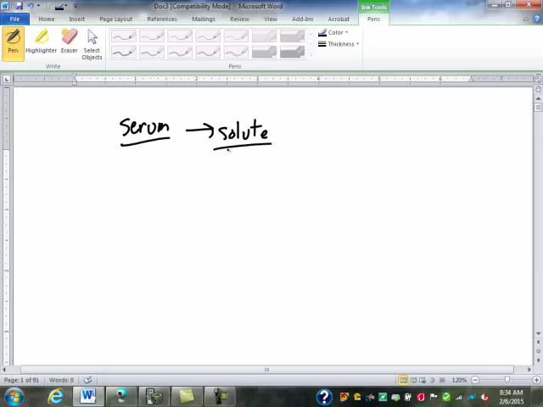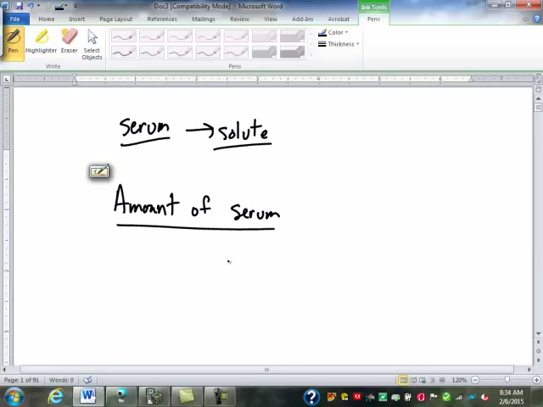But the amount of the serum in a solution, remember, is equal to the concentration, or the percent as a decimal, times the volume of the solution.